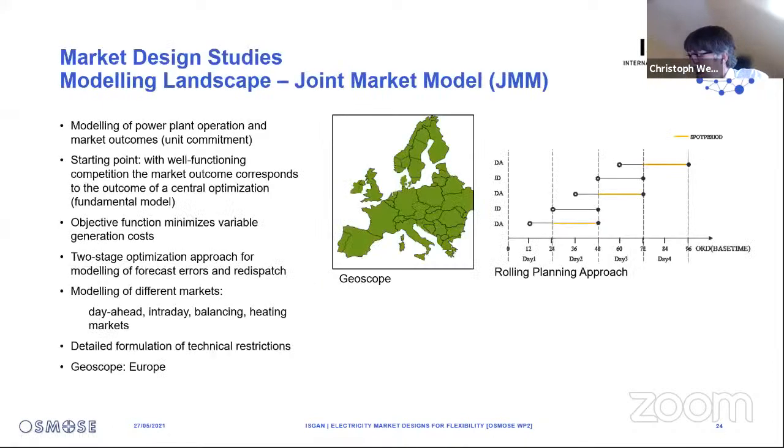On the next slide, just a few key facts about the joint market model. It is a bottom-up energy market model, which not only covers the day-ahead electricity market, but also the intraday market, the markets for reserve power or balancing energy, and especially also markets for district heating.